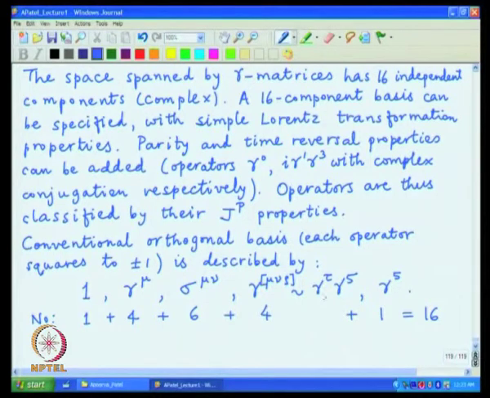If you have more indices, you can always either symmetrize it or antisymmetrize it, and then it all boils down to this 16 components. And since we have chosen them as a specific constructions, they are all orthogonal to each other, and orthogonality can be specified in many different ways.